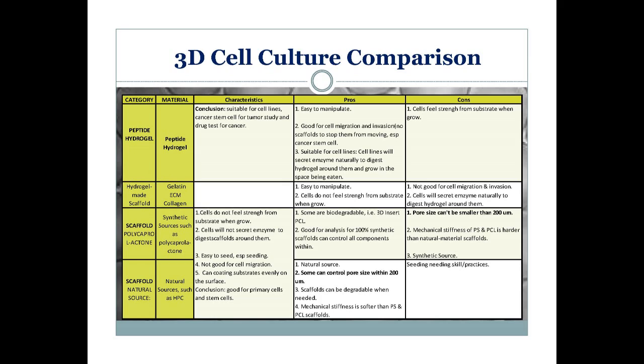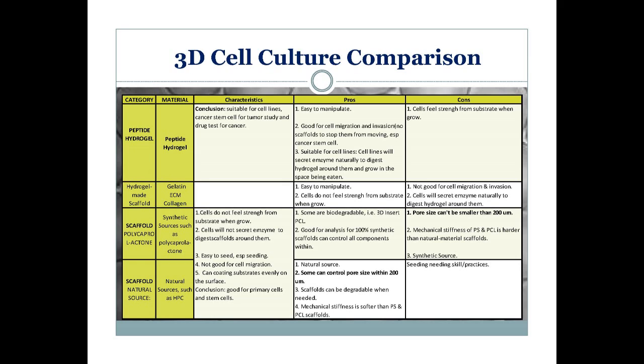There are a few leading types of 3D cell culture technologies, mainly in two categories, hydrogel and scaffolds. In the format of scaffolds, there are two kinds of material. First is synthetic sources, such as PS, PCL. The problem of this kind is, technically speaking, the pore size cannot be made smaller than 200 micron.